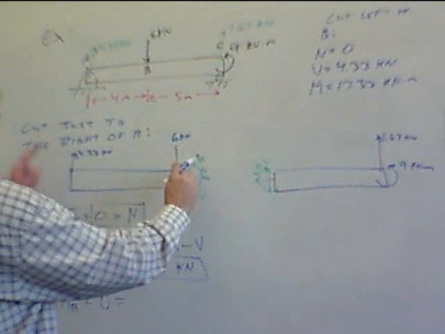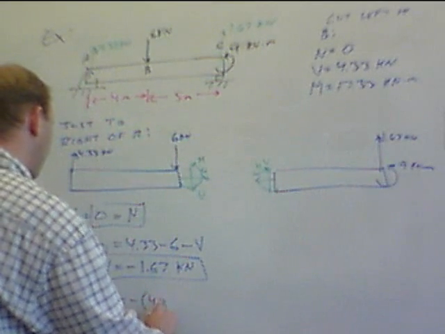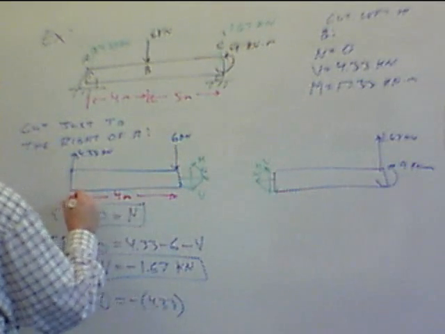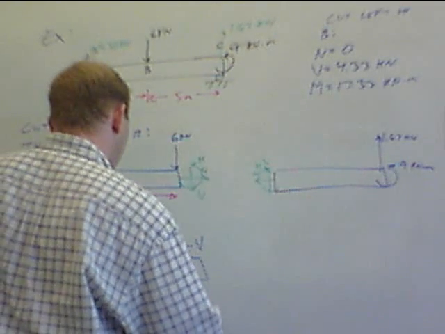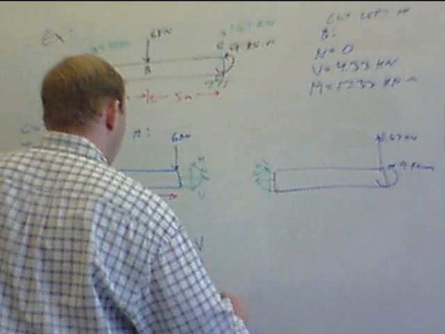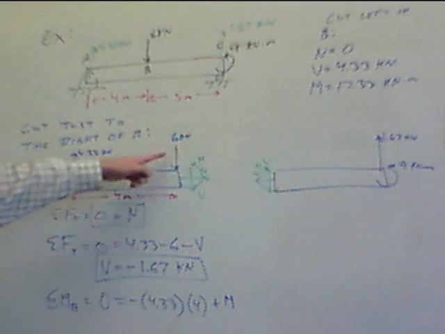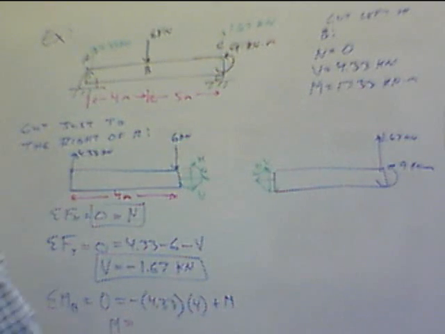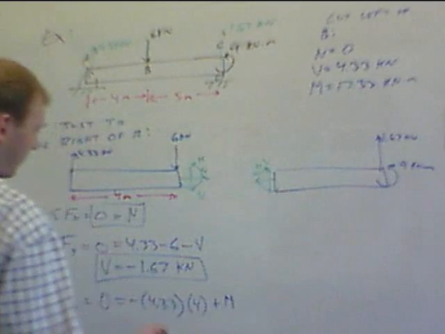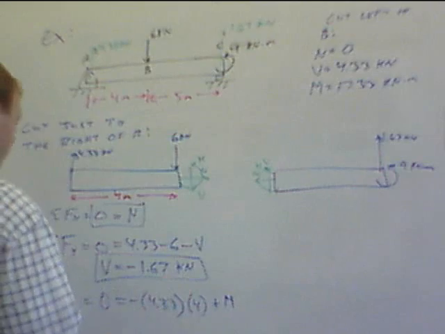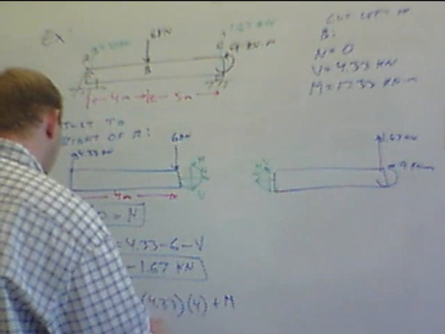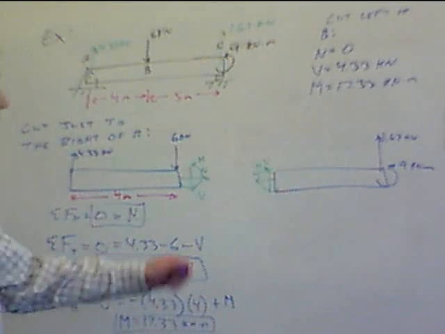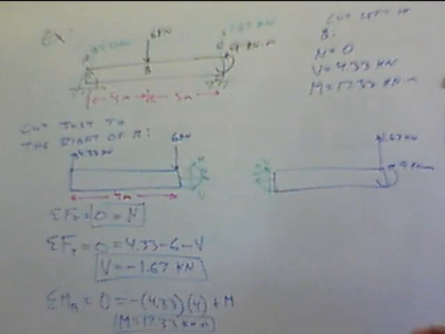This is going to rotate clockwise, so minus 4.33 times 4, still 4 meters, plus M. We end up with those two dropping out, so M equals 4 times 4.33, our same 17 kilonewton meters.